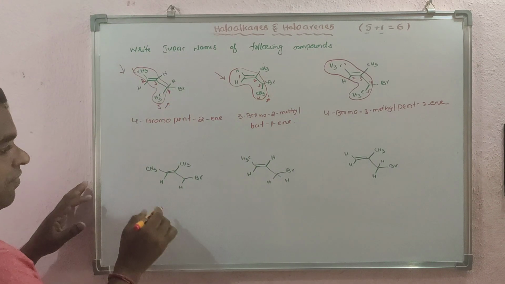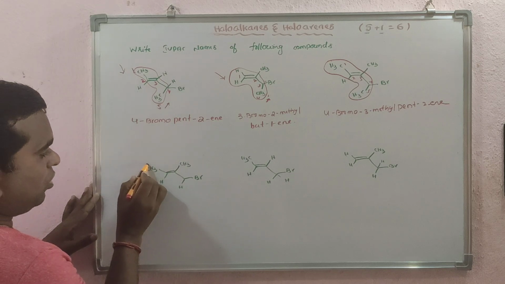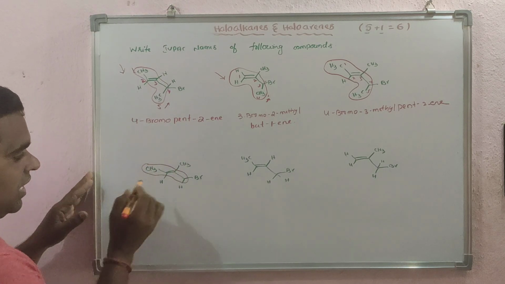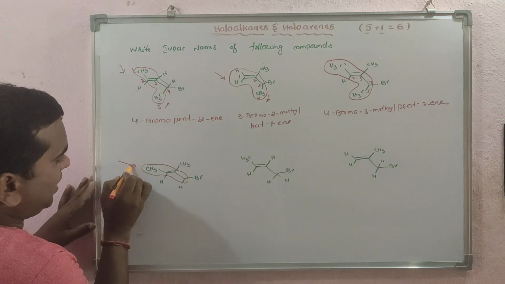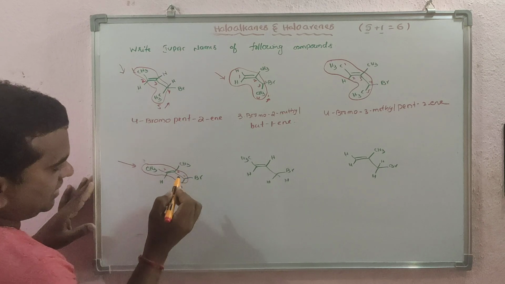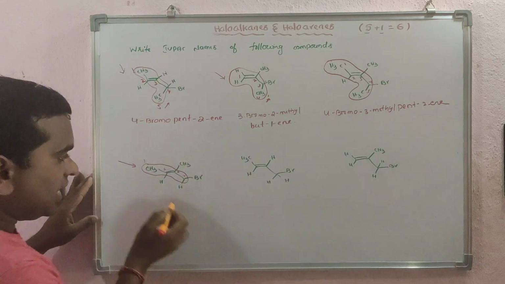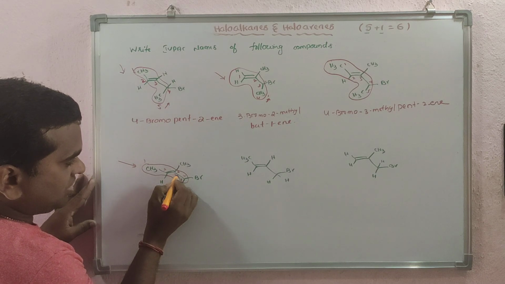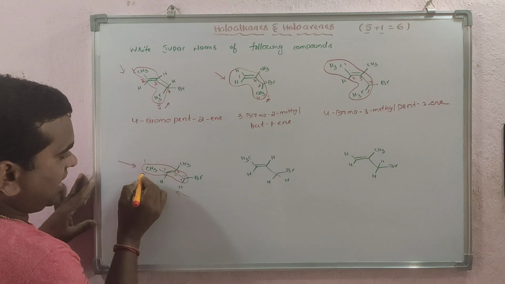Now, if you have to select the longest carbon chain, you know that this is the longest carbon chain. If I start giving numbering from this way, 1, this carbon 2, this carbon 3 and this carbon 4. Clear? If I start numbering from this side, this is 1, this is 2, this is 3 and this is 4.